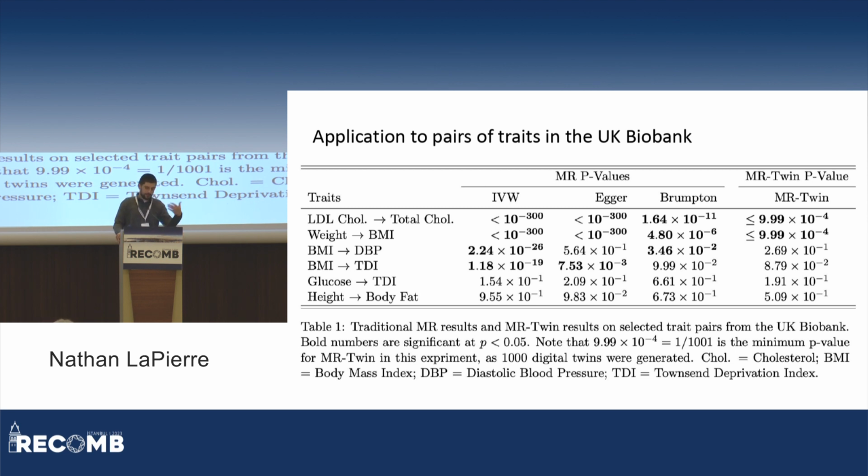So I have a couple of trait pairs that are definitely true positives, like LDL cholesterol affects total cholesterol, a couple of trait pairs that are more unclear, and then a couple of implausible ones. And basically the MR methods largely get what you'd expect. The standard MR methods, whether because of sample size or confounding, find a lot more significant trait pairs.